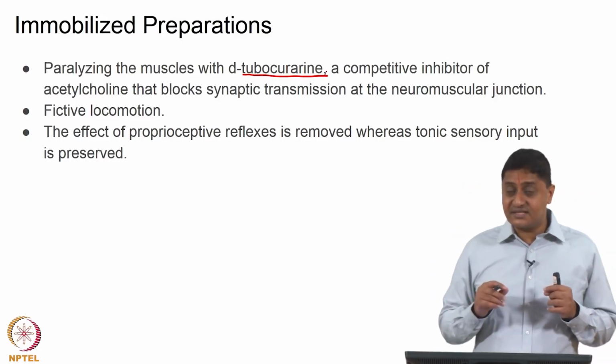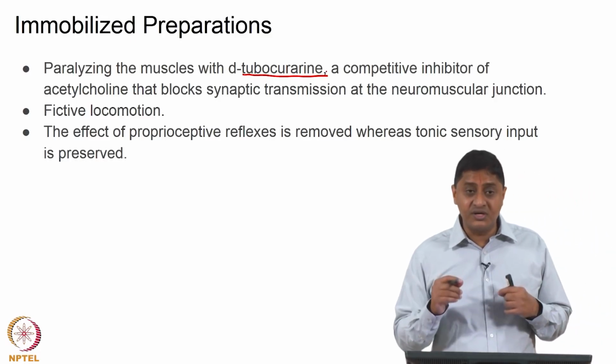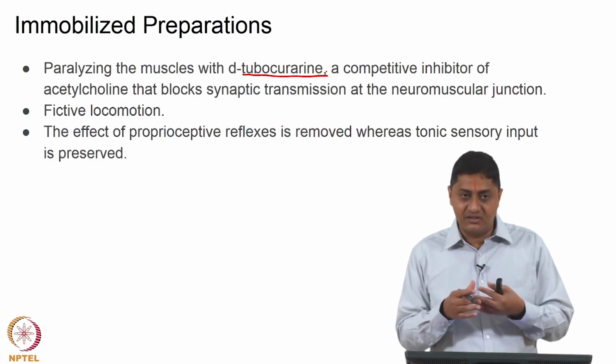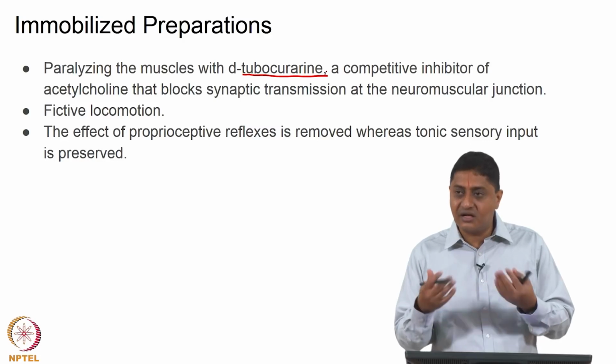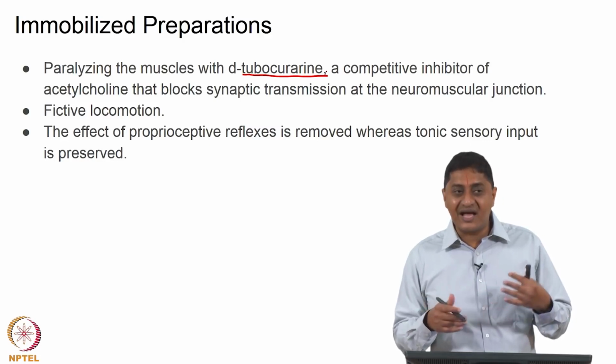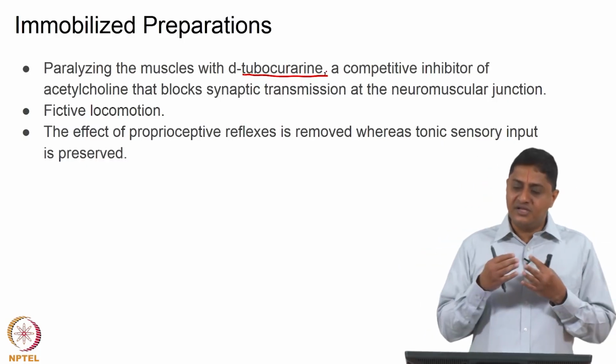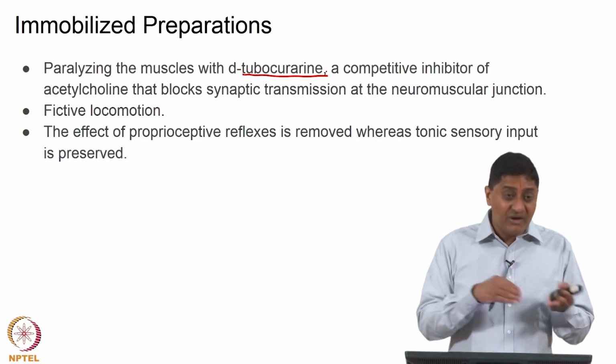In these cases, when tubocurarine is administered, the neuromuscular junction cannot function and cause actual muscle contraction. If actual muscle contraction is not happening, that means movement will not happen.